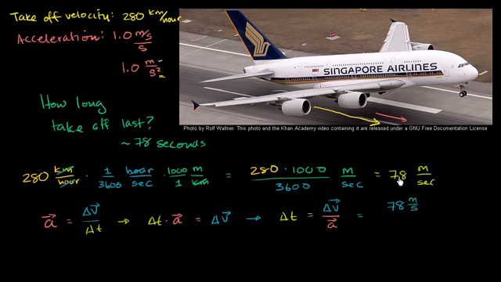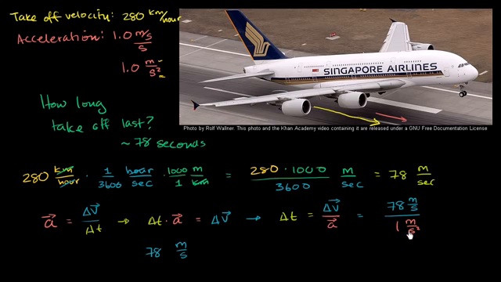I'm taking the final velocity, 78 meters per second, and subtracting from that the initial velocity, which is 0 meters per second, and you just get this. Divided by the acceleration, 1 meter per second squared. So the numbers part are pretty easy. You have 78 divided by 1, which is just 78. And then the units, you have meters per second.